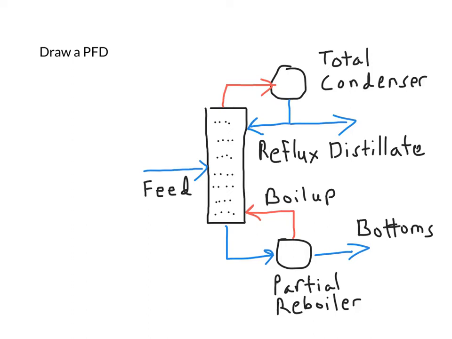It could be the distillate flow rate, it could be its composition, it could be the reflux ratio, it could be the bottoms flow rate, the ratio of the bottoms to the boil up, the bottoms composition. All these things are possible variables that could be specified, but 2 more, in addition to the feed and column, are required to solve this problem.